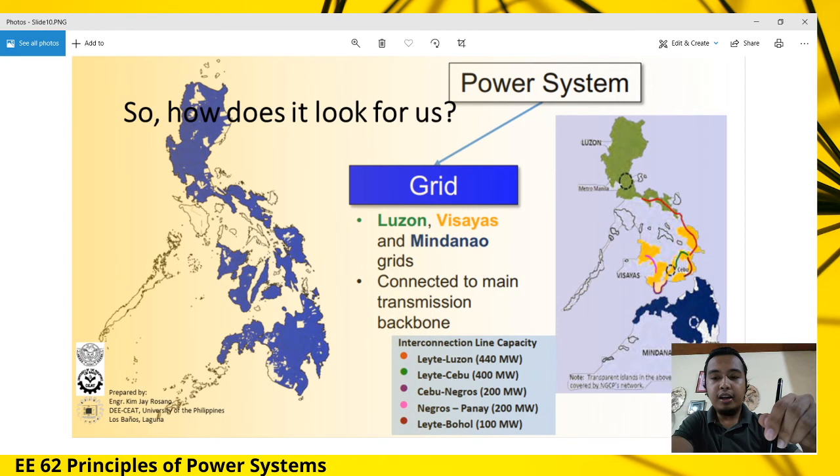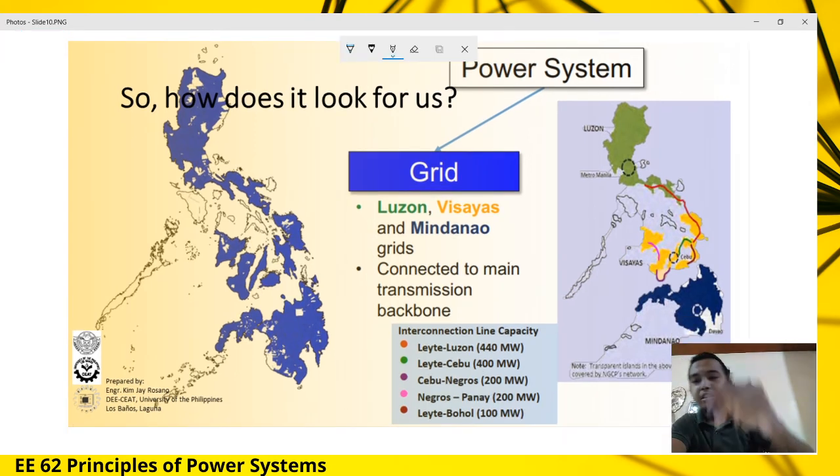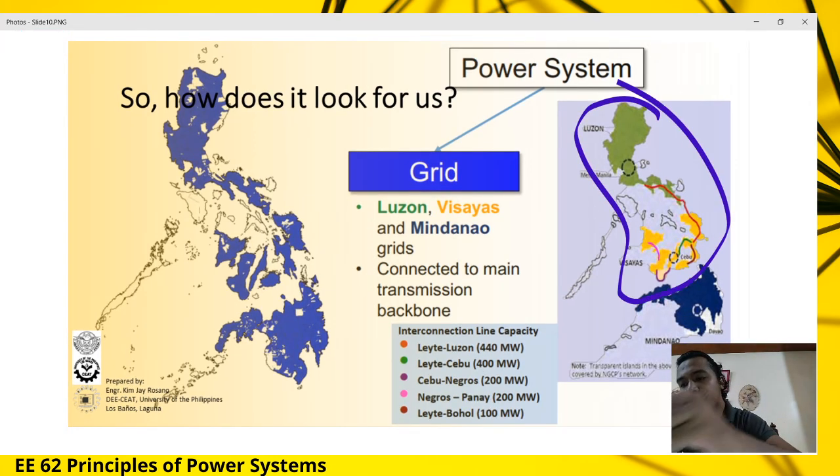Okay, so how does it look for us now? So today, ito na yung ating coverage ng grid sa buong Pilipinas. We have the Luzon and Visayas grid interconnected by high voltage DC underwater transmission dito.